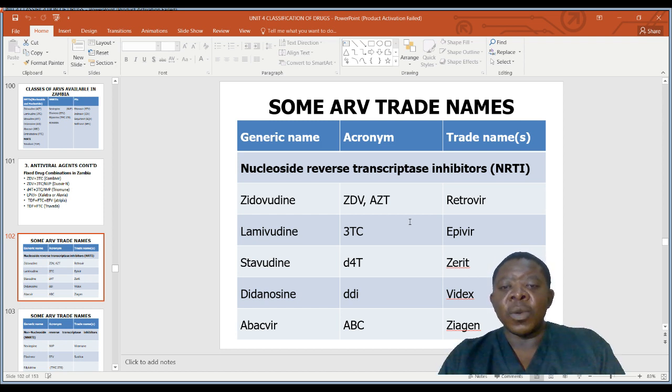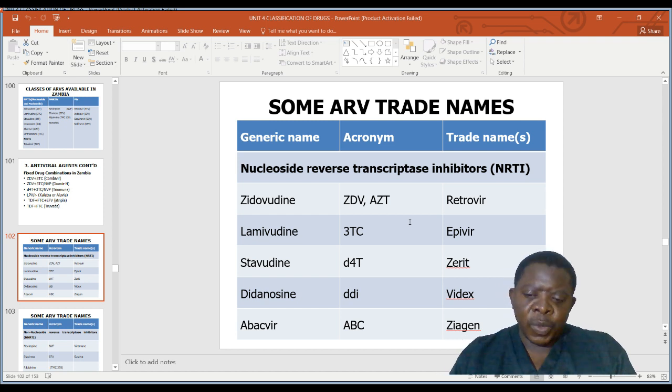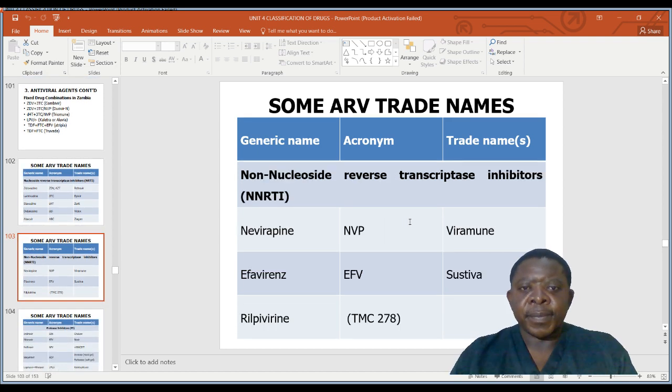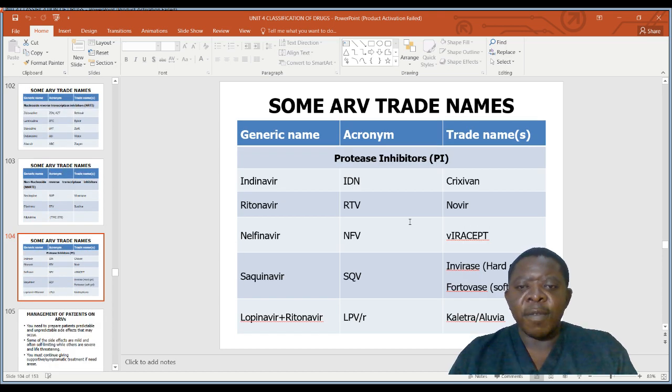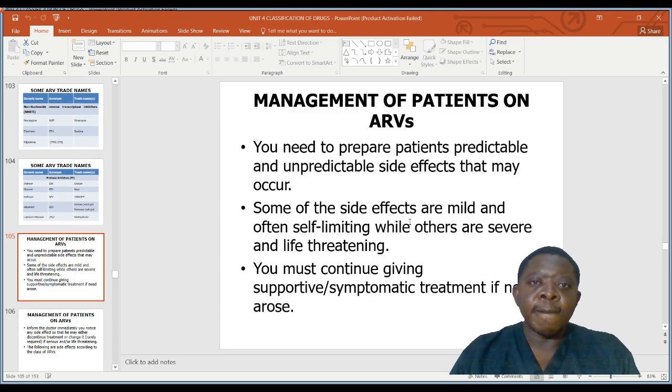We need to know these acronyms because in practice they mostly use them, mainly to avoid stigma, so you just mention them like this. Nevirapine has the acronym NVP.